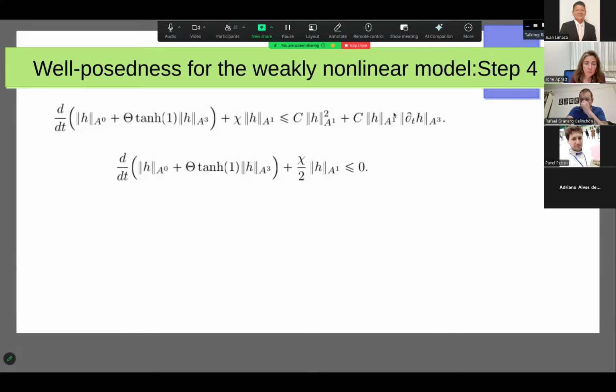So this is a nonlinear contribution, high order, fifth power, I don't care, of h in A1. Because h in A1 is small, it can be, at the end, absorbed by this guy, paying with a 2 or whatever. Okay? And so we have that this quantity here decays, and that is the final conclusion of our statement.